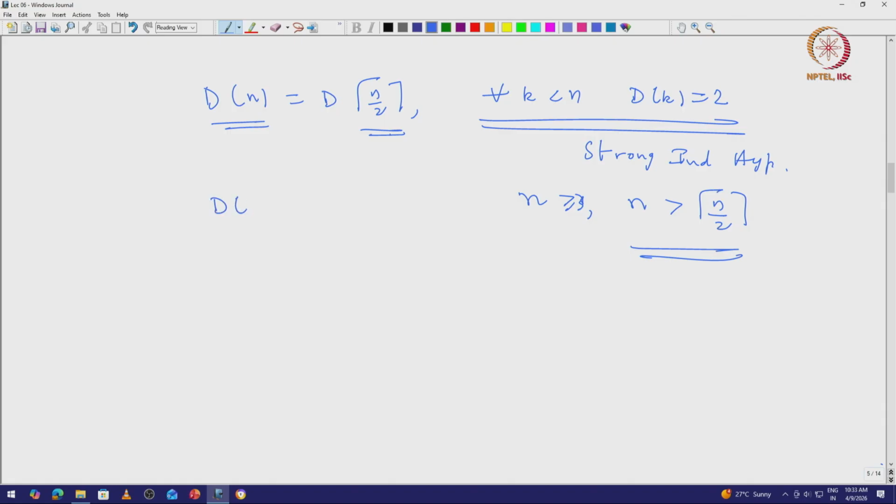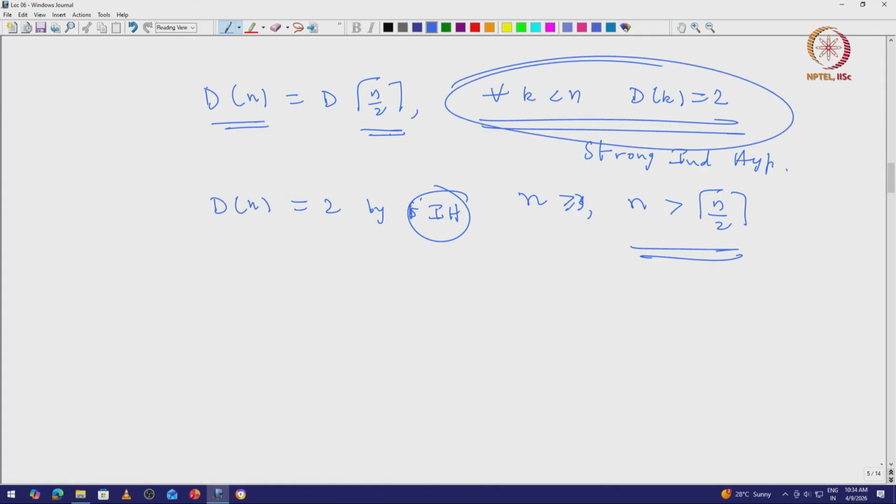Therefore, D of n equal to 2 by induction hypothesis. Induction hypothesis is for all smaller value of n, it is 2. This is smaller value than n. Therefore, this is 2 by induction hypothesis. That shows that D of n is 2 for all n greater than or equal to 2.